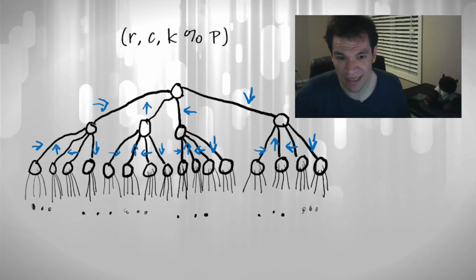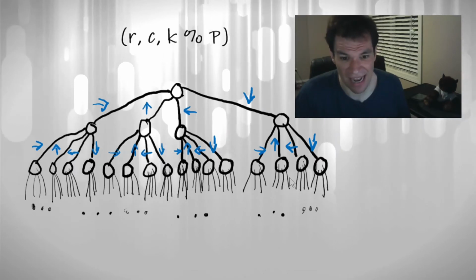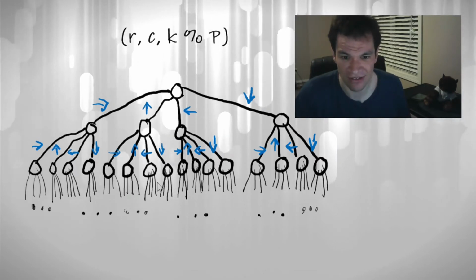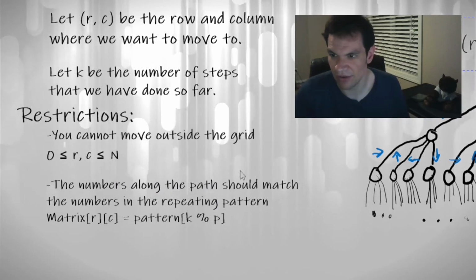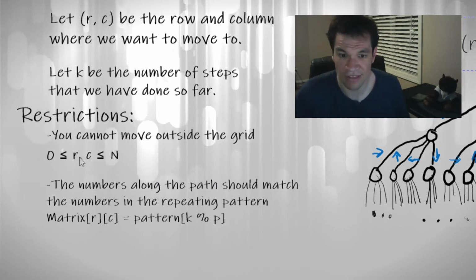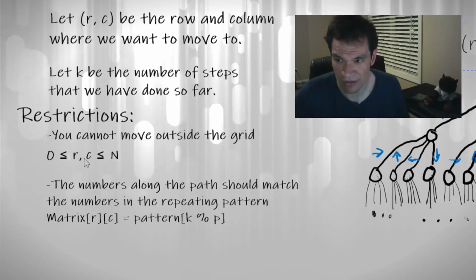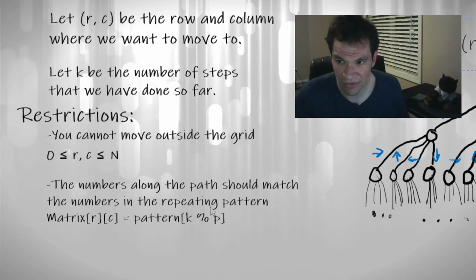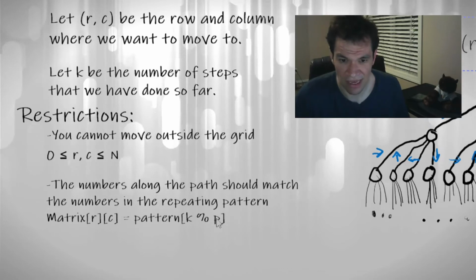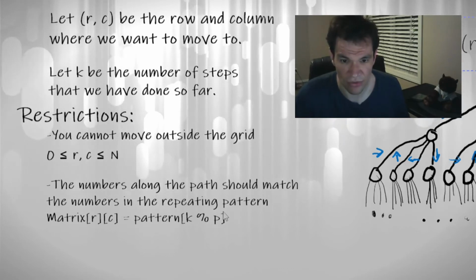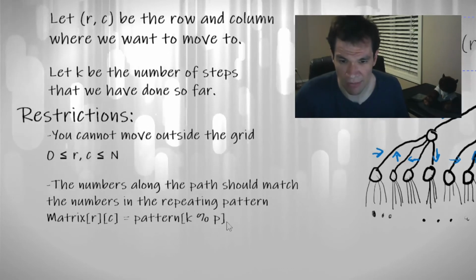The proof would be just to take another look at the restrictions, and here the restriction depends on these two variables R and C, and for this expression, the remainder of A modulo P.